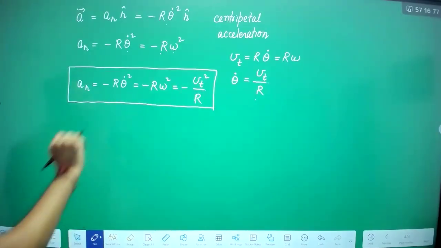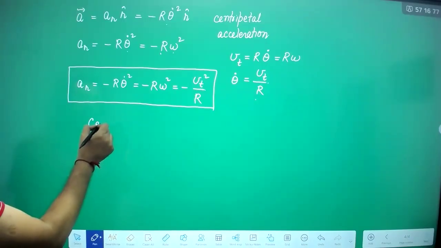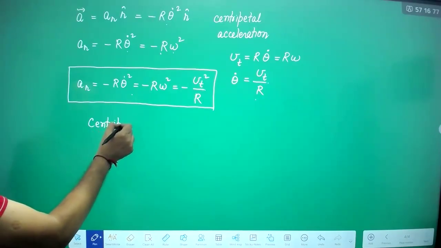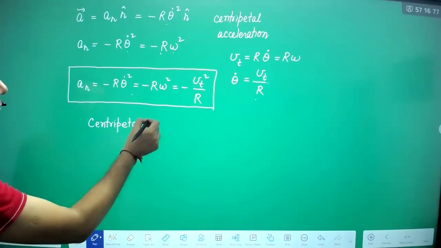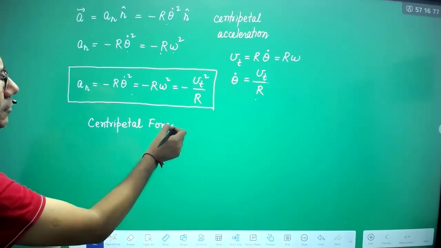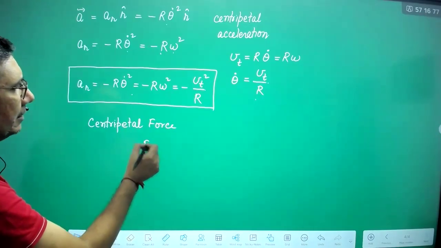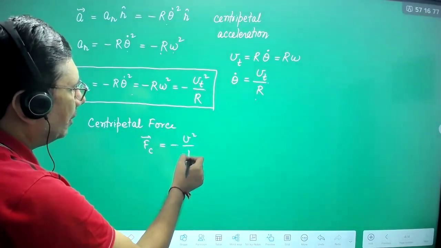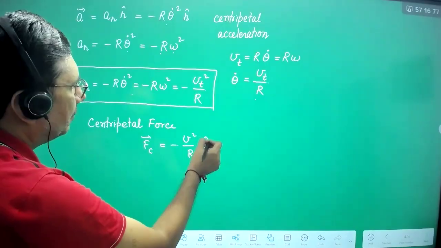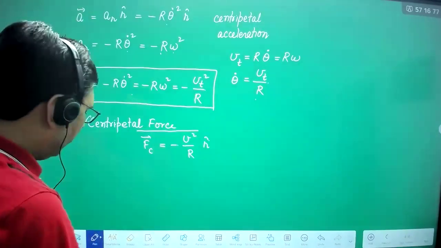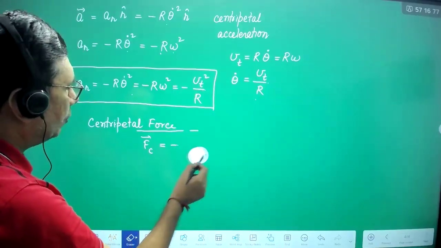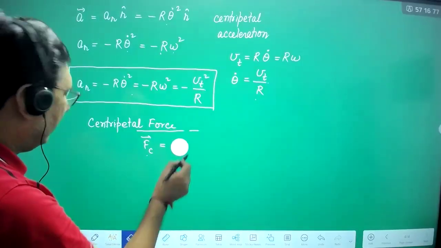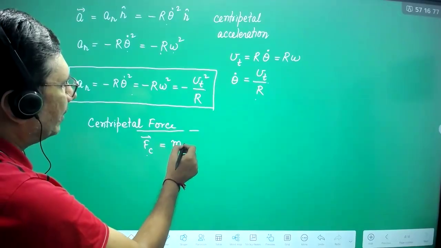So what will be the corresponding force? The corresponding force will be the centripetal force, Fc. Fc will be minus V square upon R, in the R cap direction. Multiply by m as well, since F equals m into acceleration.